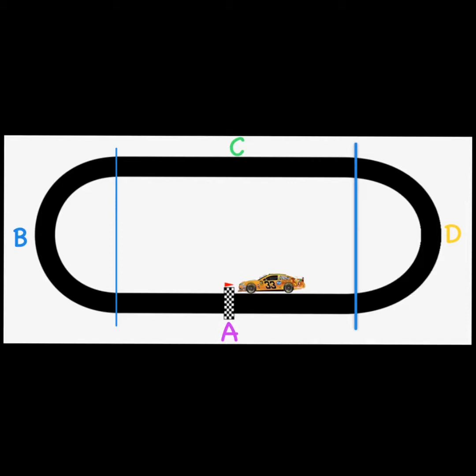So the race car is going to start at the starting line, also known as section A. And A is everything between this blue line and this blue line. And the distance between here and here is 40 meters.